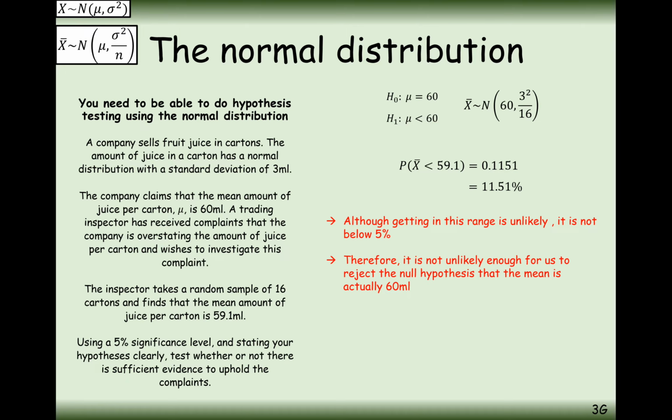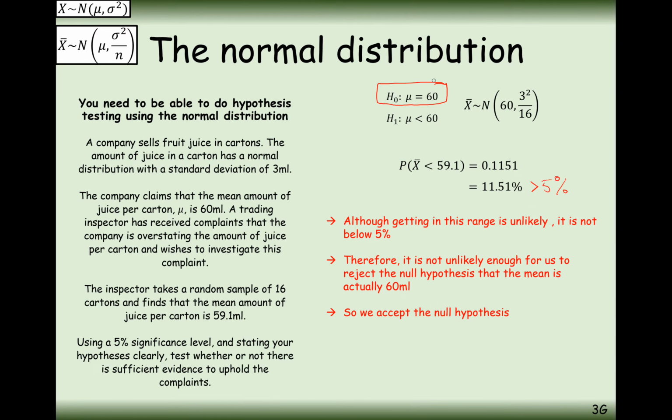Therefore, it is not unlikely enough for us to reject the null hypothesis that the mean is actually 60. So we are going to accept the null hypothesis here that the mean is 60. 11.5% was higher than 5%.